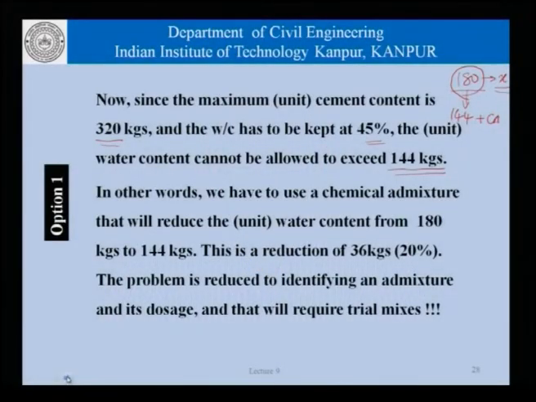In other words, we have to use a chemical admixture that will reduce the unit water content from 180 kgs to 144 kgs. This is a reduction of 36 kgs or 20%, and the problem is reduced to identifying an admixture and its dosage that will require trial mixes.